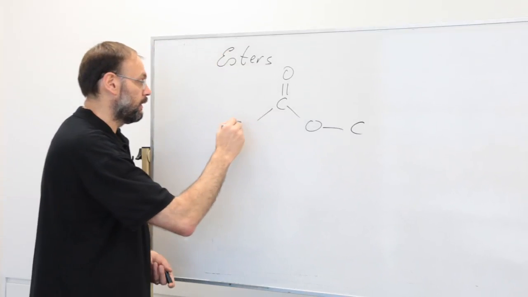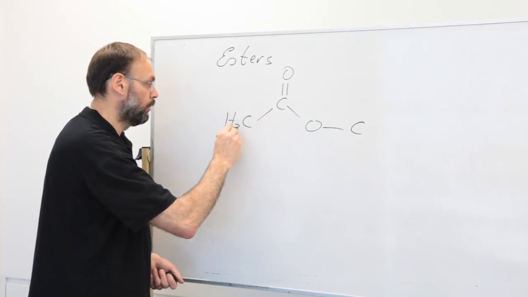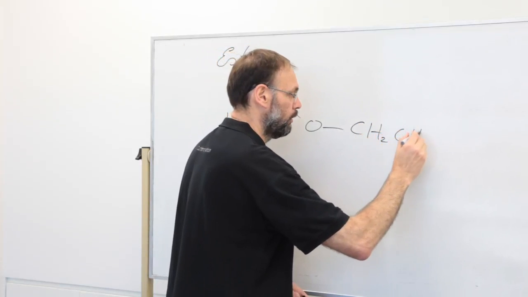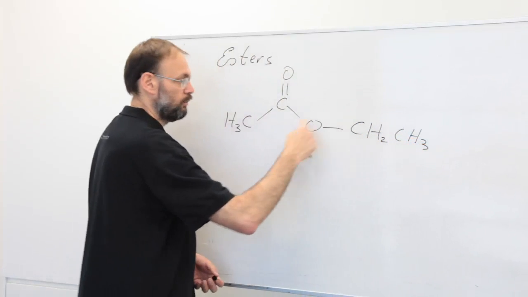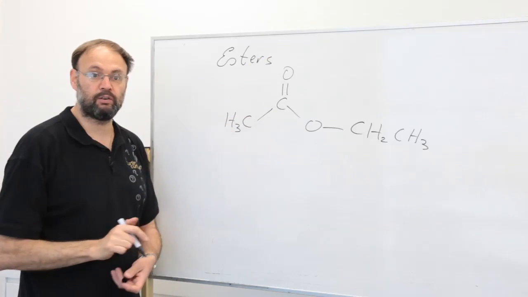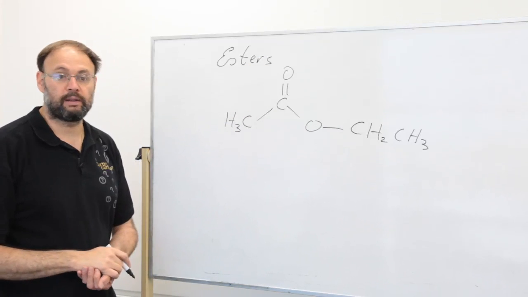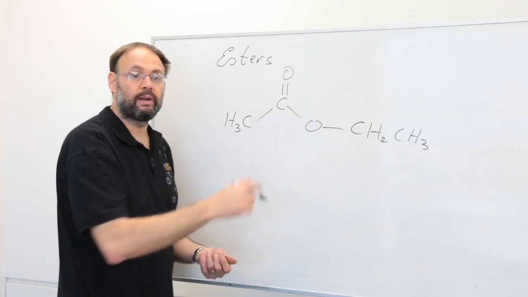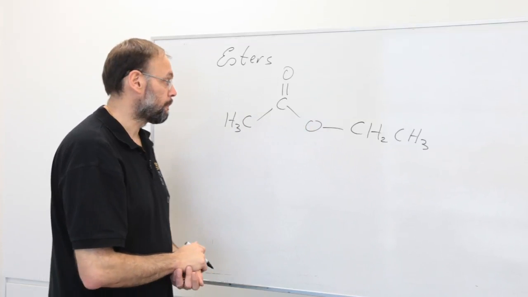So a simple example would be an ester of ethanol, where ethanol is the alcohol portion, reacts with the carboxylic acid portion of acetic acid or ethanoic acid, and you form ethyl acetate or ethyl ethanoate. This is a common ingredient also in nail polish removers.